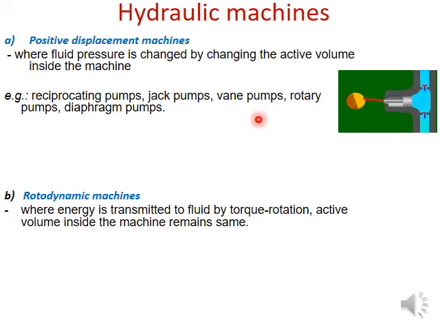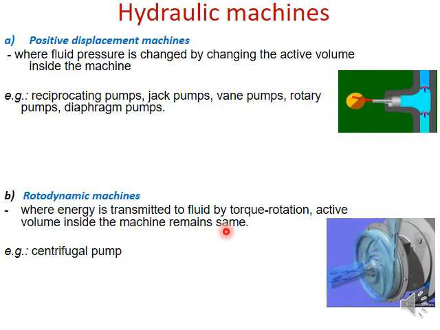Now, what is the difference between rotodynamic machines and positive displacement machines? In rotodynamic machines, the energy is transferred to fluid by torque rotation. The active volume inside the machine remains the same. Unlike here, the active volume inside the machine remains the same. The best example is here, the centrifugal pump.